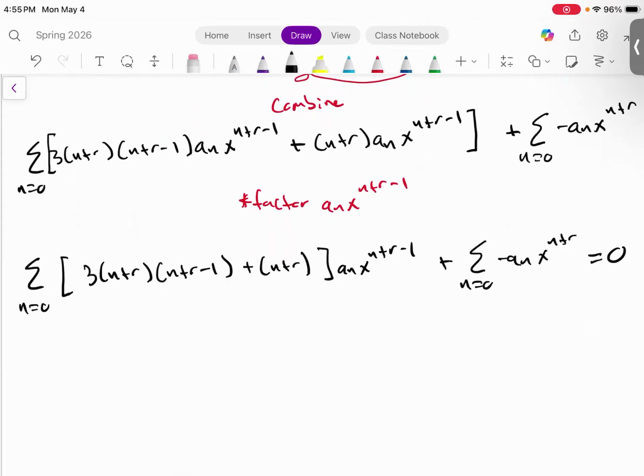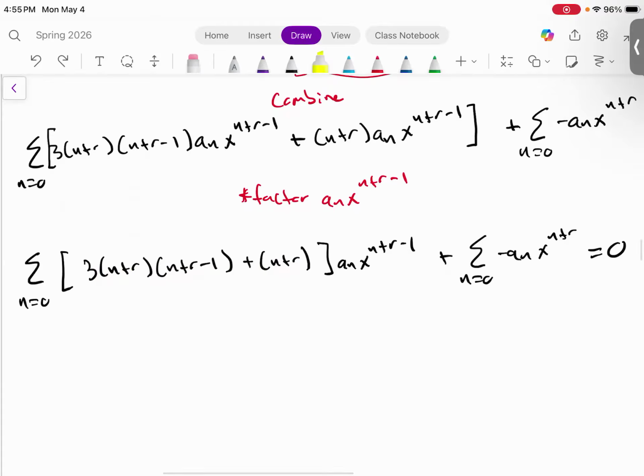Okay, what else can I do? So there's a bunch of terms inside here, like 3 times n plus r times n plus r minus 1, plus n plus r. It's a little bit messy, so I want to simplify this out a bit. What do they have in common? They have an n plus r in common, right? So I'm going to factor that out.